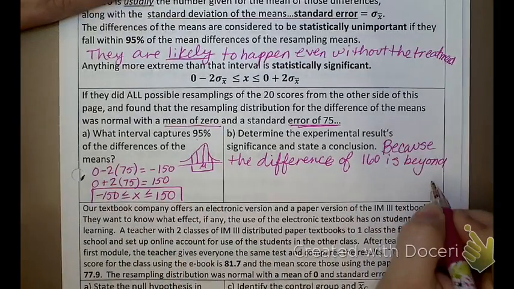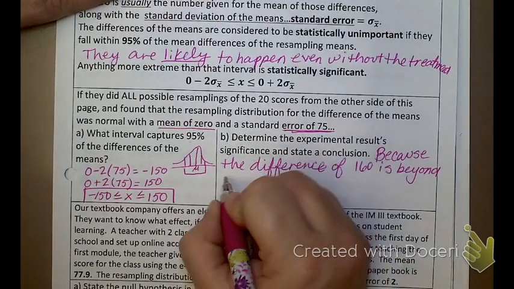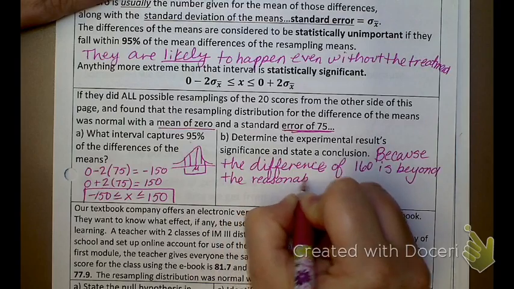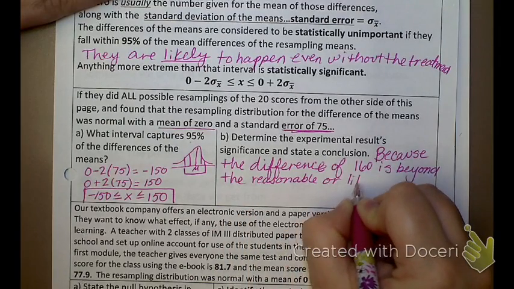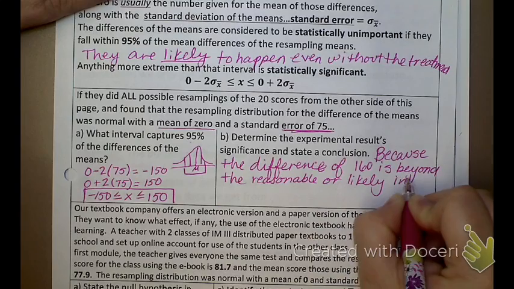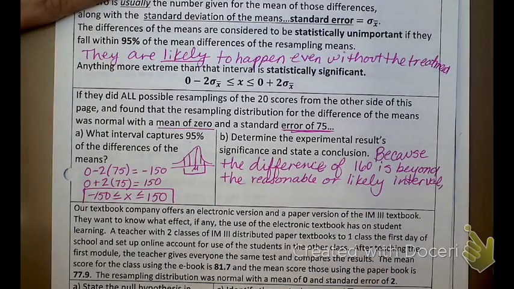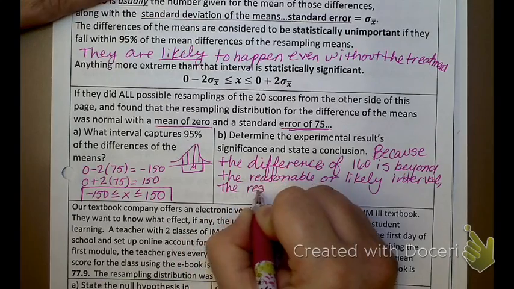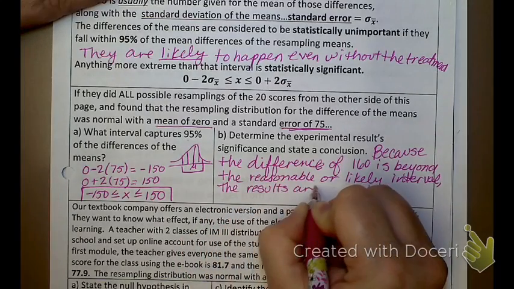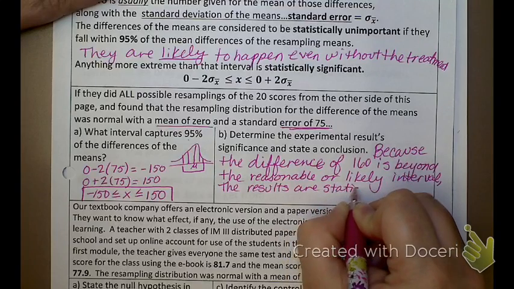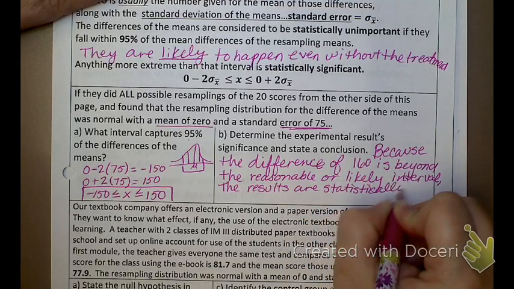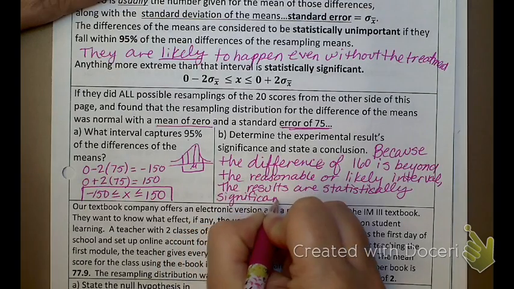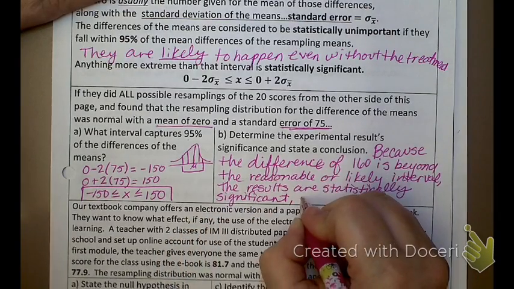So since the difference of 160 is beyond the reasonable or likely interval, the results are statistically significant. And we reject the null hypothesis.